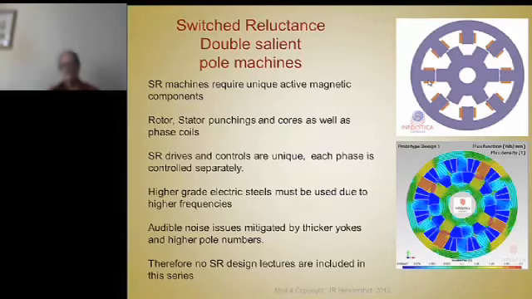So there are combinations that you have to use, and it's all about the attracting force in the air gap of the rotor teeth to the stator teeth, or let's call them poles. So the design is all about how to maximize that with the least amount of energy input or current.